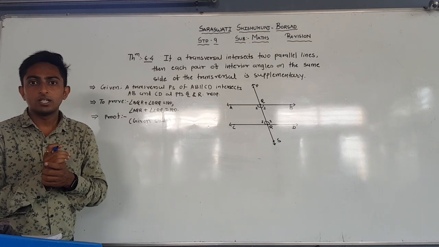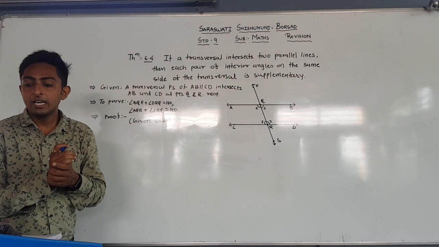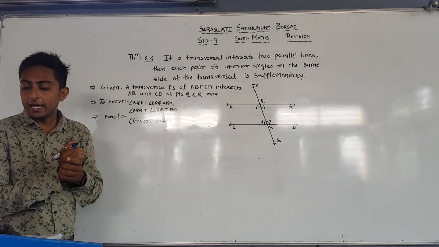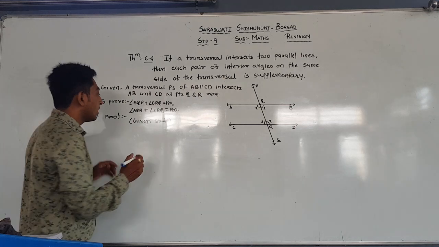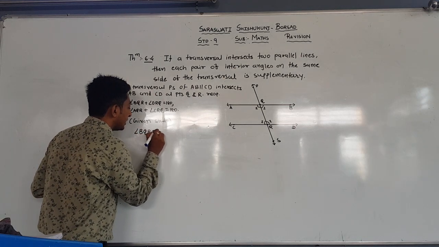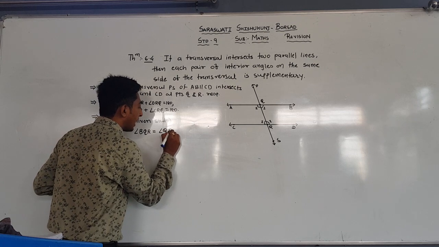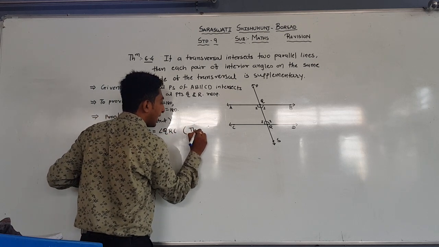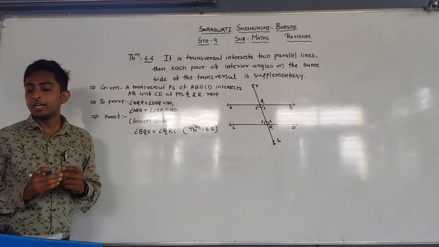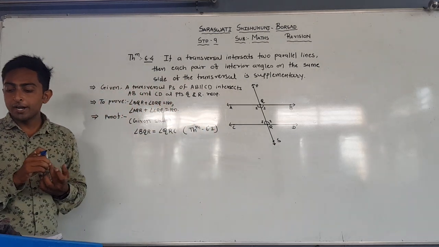We know that theorem number 6.2 tells us each pair of alternate interior angles are equal. So can I write BQR equal to QRC? BQR equal to angle QRC. Here I have to write theorem number 6.2.